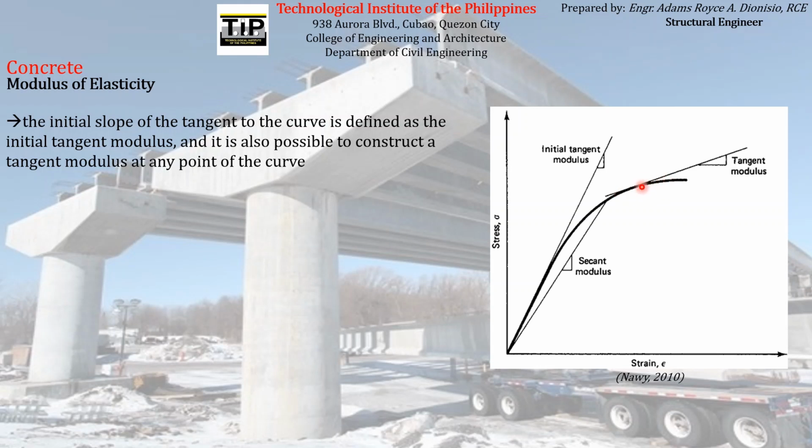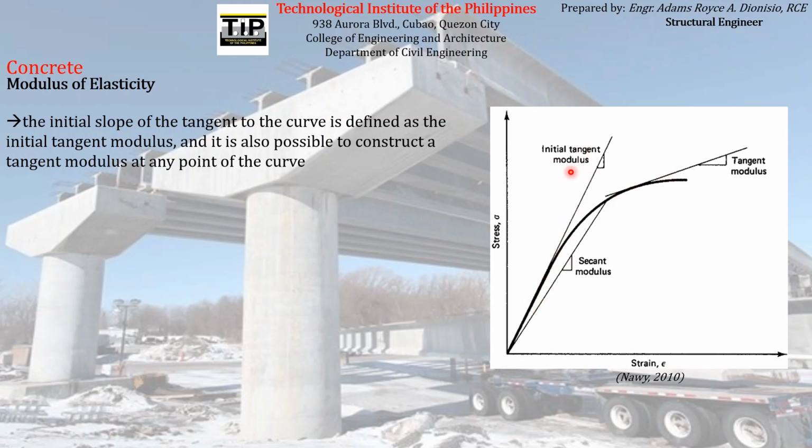So for example here, if you have a point here, we can make a tangent line there, and we can get the slope of that line. And the slope of that line is called, again, a tangent modulus. So the initial tangent modulus is the first tangent at the origin, to the first part of the stress strain curve.